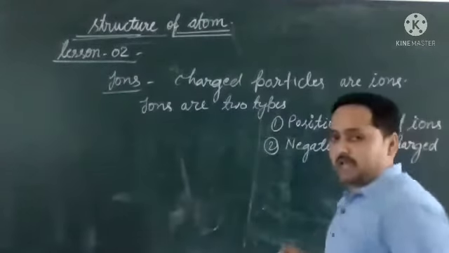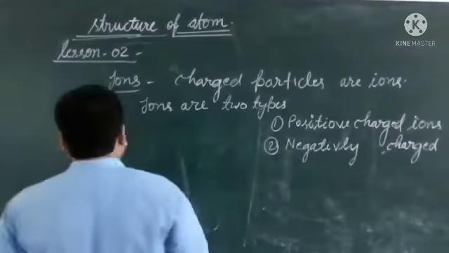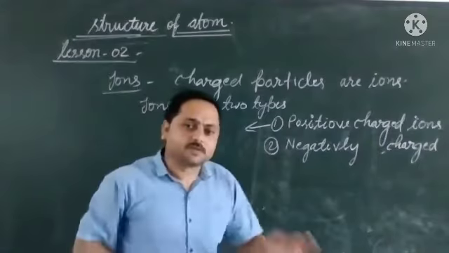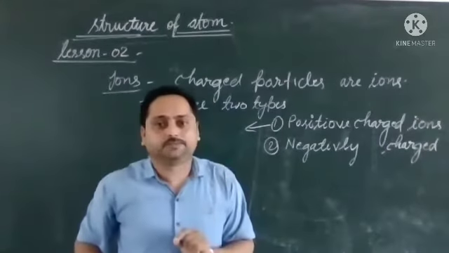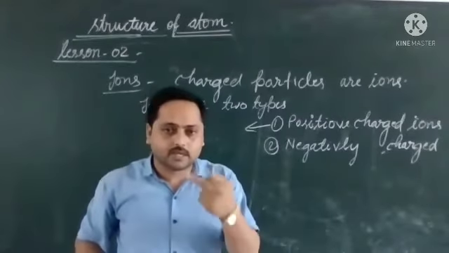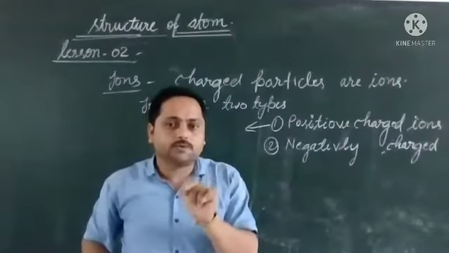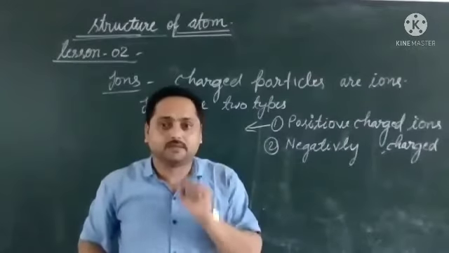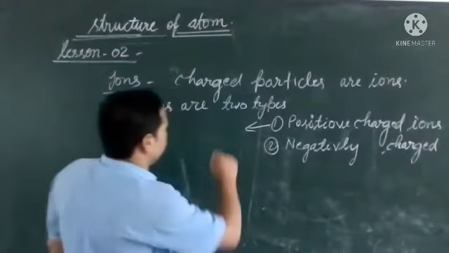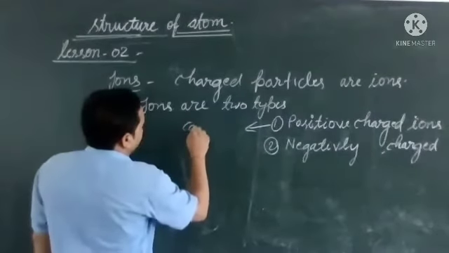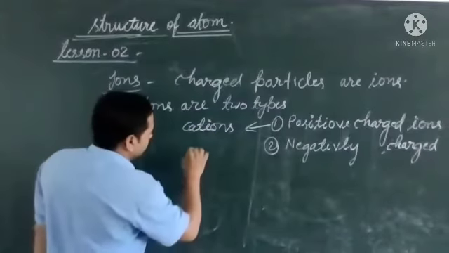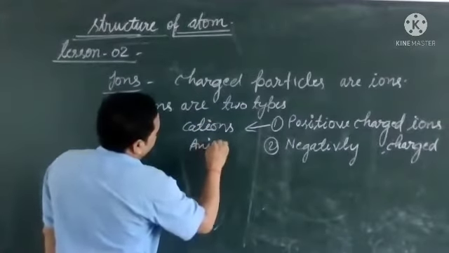Sometimes these are also called cations. Especially if it is carbon, like CH3 plus, we say carbocation. Here positive charge means cation. Sometimes they are called cations, and negatively charged ions are called anions.